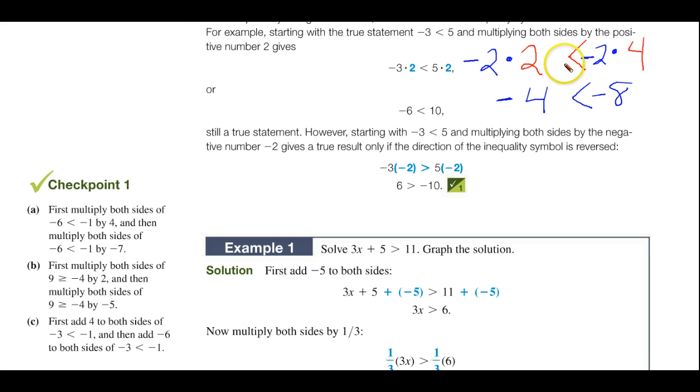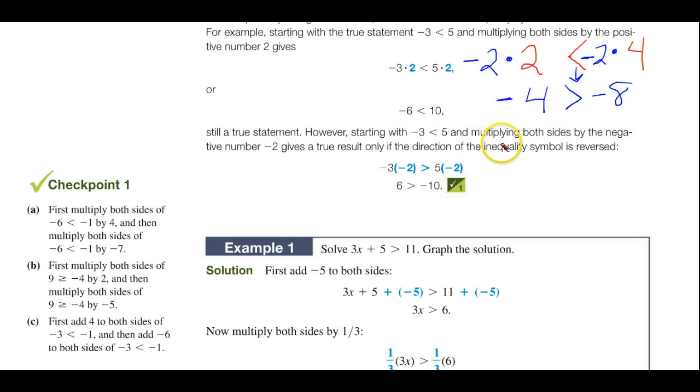So the thing to pick up here is if you multiply or divide an inequality by a negative, to keep it a true statement, you must reverse the direction of your inequality sign.